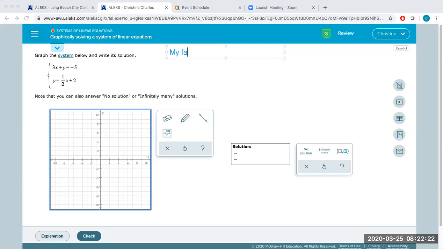My favorite method for graphing lines: slope-intercept, y equals mx plus b. Goal: isolate y. Okay.